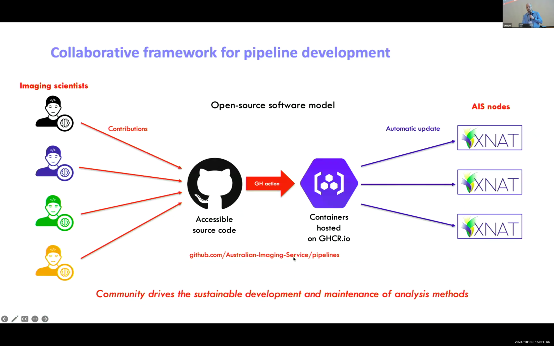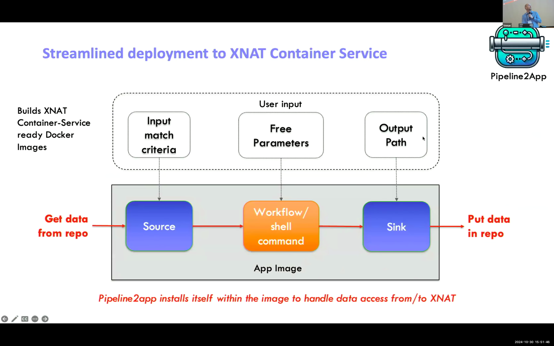So the anatomy of these containerized images is that you have a simple workflow shell command which doesn't know anything about XNAT, but then the pipeline-to-app package will install itself within it and handle the source node to pull the data from XNAT and pass it over to the workflow, and then the sync data step will put it back into XNAT again.